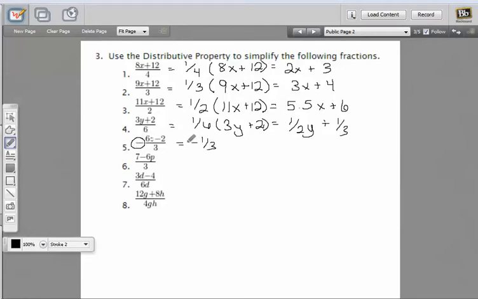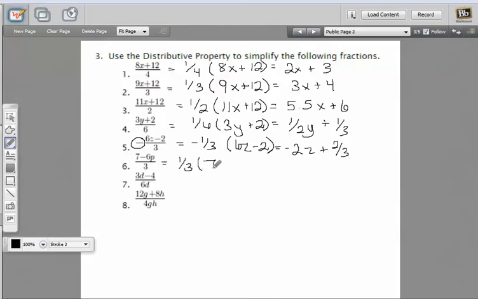So we're going to make that a negative 1/3 out front that we're actually going to distribute here. So negative 1/3 times 6z is a negative 2z. And negative 1/3 times negative 2 is a positive 2/3.